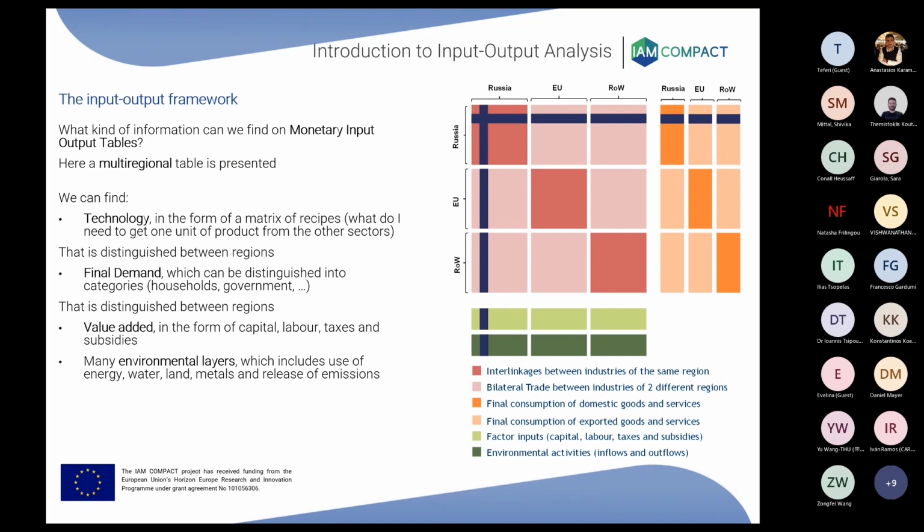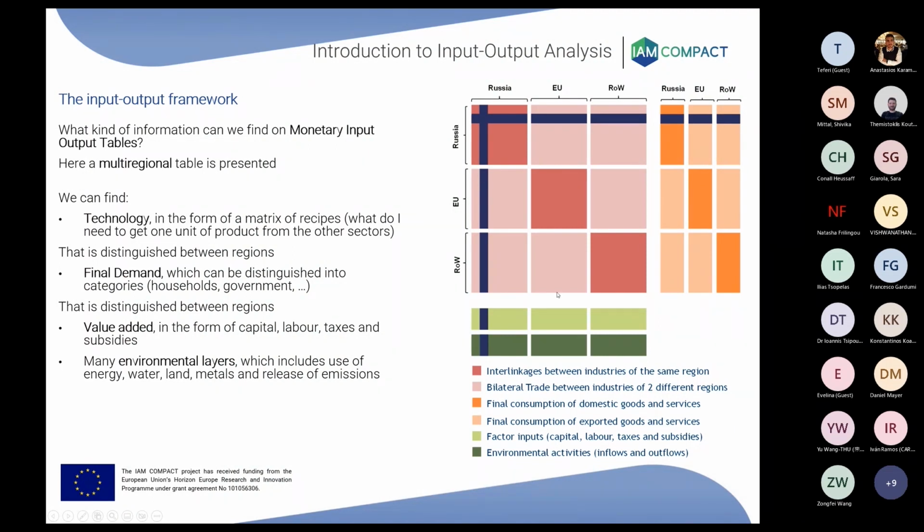I hope, and I'm sure, that many of you know about the input-output analysis framework, which is grounded on empirical, economic, or physical input-output tables. Here's just one example of the mathematical algebraic structure of those tables. These are collections of empirical, economic, or physical flows that are exchanged across regions and sectors within regions.